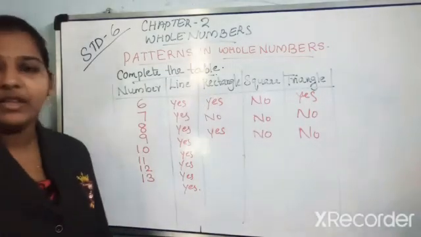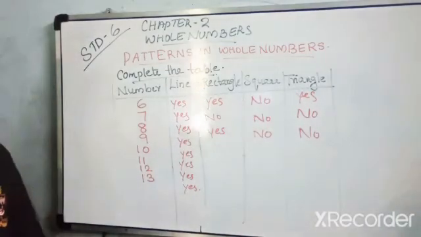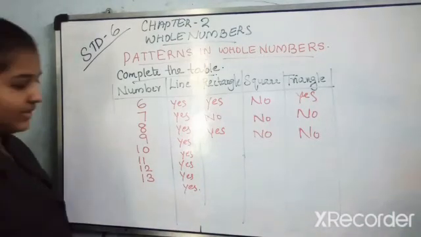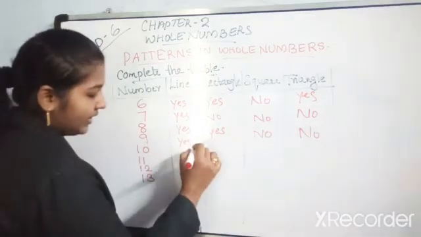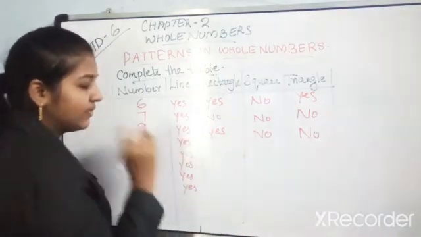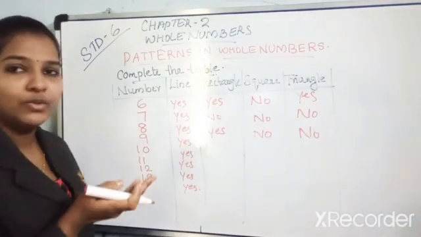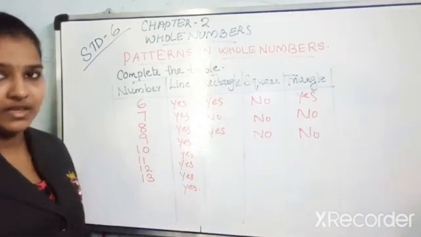Now next number is 9. Okay, tell me, children, can 9 be arranged as a line? Yes, that we know. Number 9 we can arrange as a line. Then can we arrange it as a rectangle? Yes. How? 3 3s are 9, right?